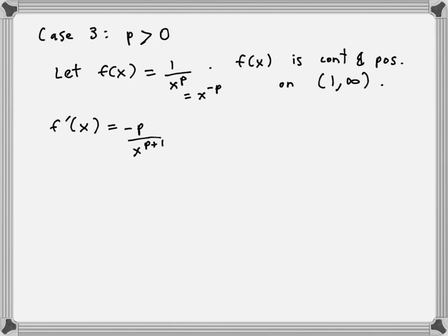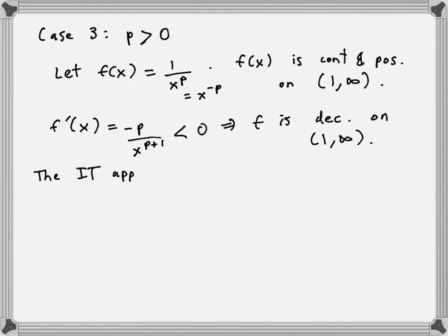Okay. Bottom is always positive though, so this guy is less than 0, which means that f is decreasing on 1 to infinity. Okay, so this means that the integral test applies. So I'm going to look at the integral.